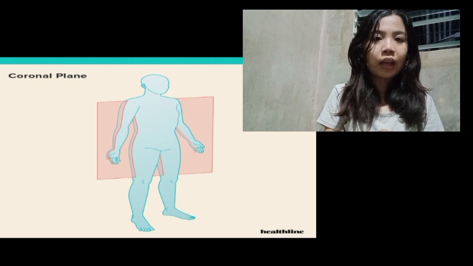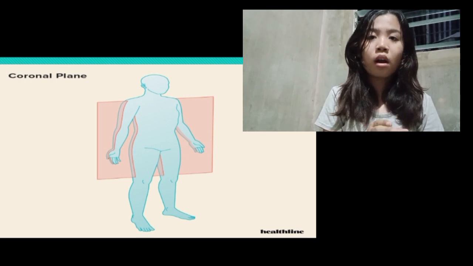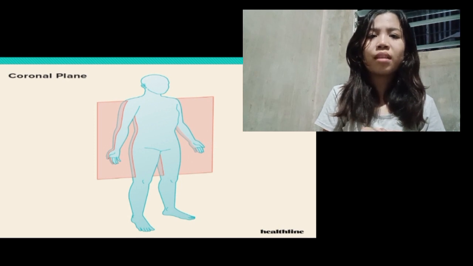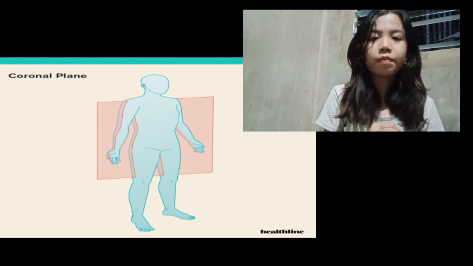It is a vertical plane that is perpendicular, or at right angles, to the sagittal plane. The coronal plane divides the body into anterior or front and posterior or back portions. Effectively, it creates a side-to-side movement plane.